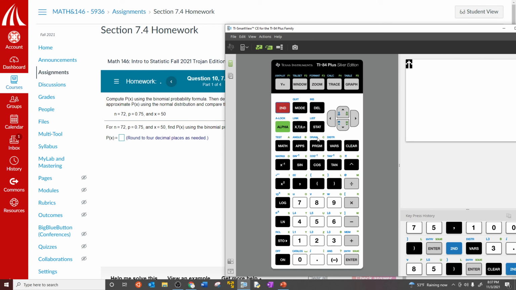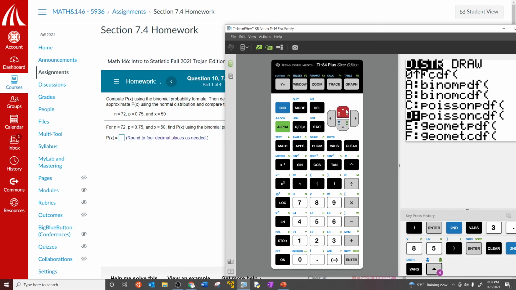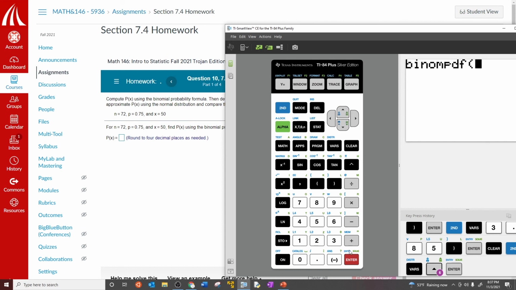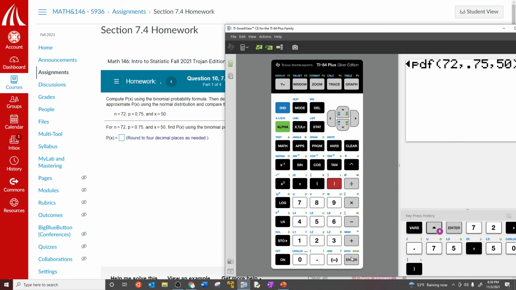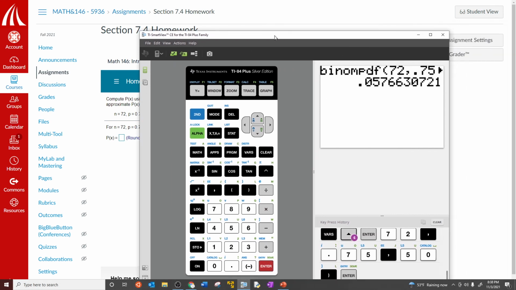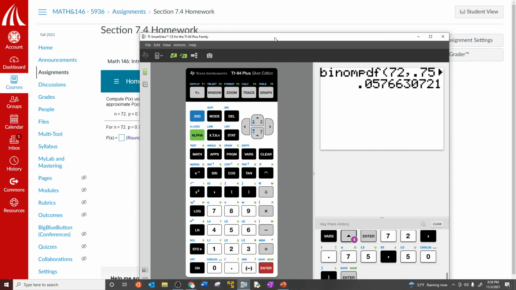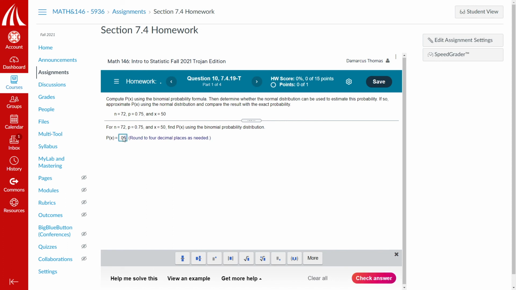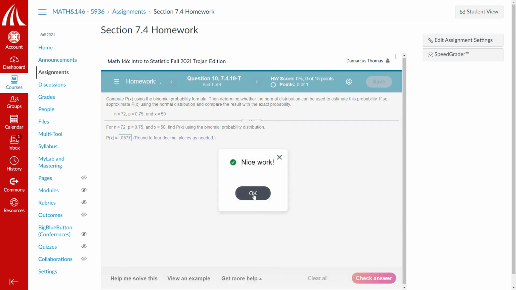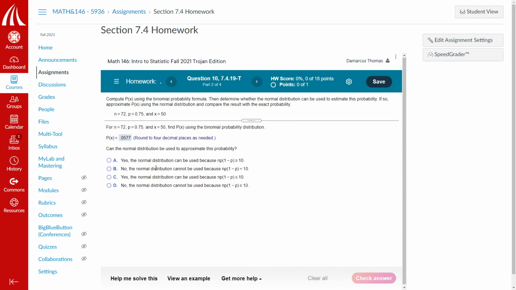We just go straight in, second distribute, and then go in the binomial PDF, and we're going to put in the trials 72, probability 0.75, and then the x value, which is 50, and you get 0.0577. And there you just get it done that way.